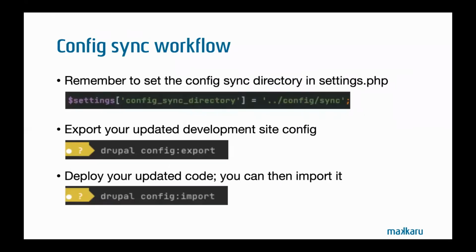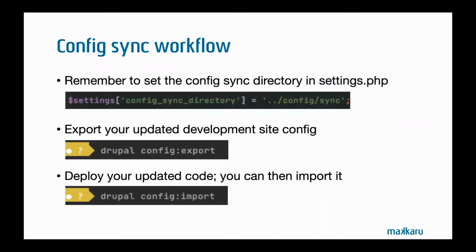Firstly, you want to remember to set your config sync directory in your settings.php file. That's the format for Drupal 8.8 and above. There is a slightly different syntax if you're on earlier versions, which you shouldn't be by now. Drupal 7 is permitted, but you shouldn't be on earlier than 8.8 of that major version.